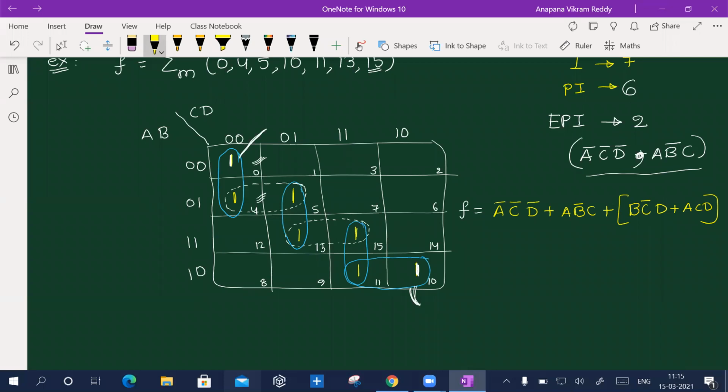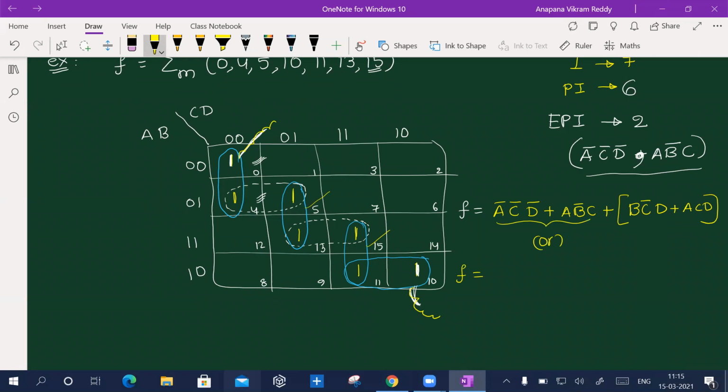Because of course, these two are EPIs, but it's not over. To solve this expression, I should also write, for example, this one and this one, and for that you have this. And not only that way, I can also write the expression like this.